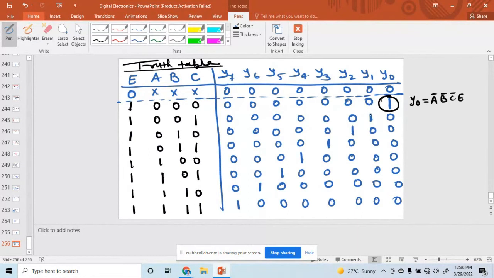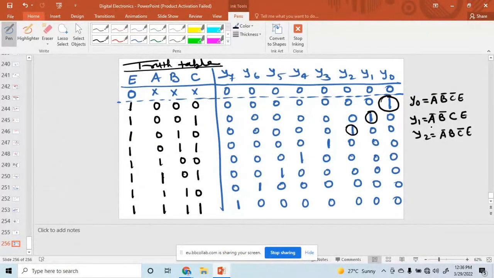Similarly, what is expression for Y1? So Y1 equal to A bar, B bar, C. What is expression for Y2? Y2 equal to A bar, B, C bar. Or you can write down here the enable lines.